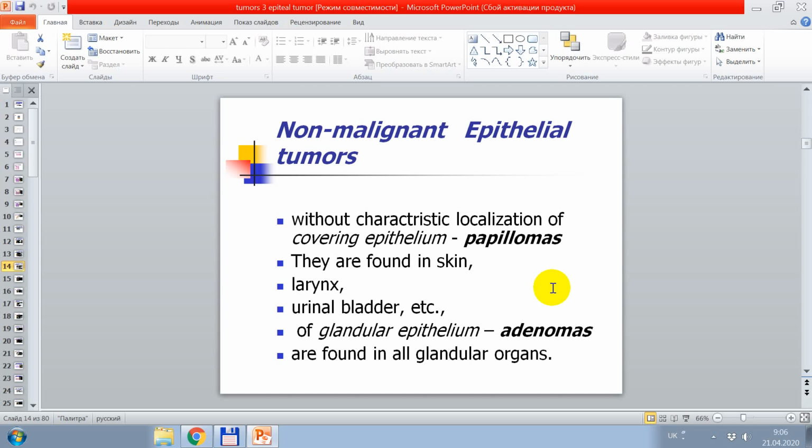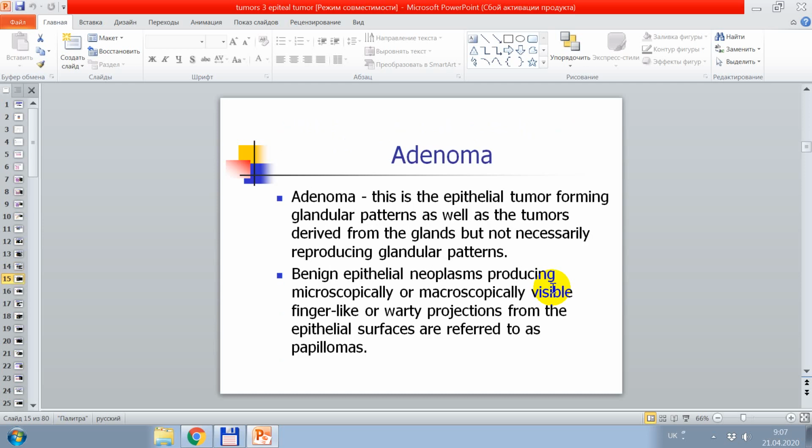Non-malignant epithelial tumors without characteristic localization of covering epithelium are named papilloma. They are found in skin, larynx, urinary bladder, etc. Those of glandular epithelium are named adenoma and are found in all glandular organs.